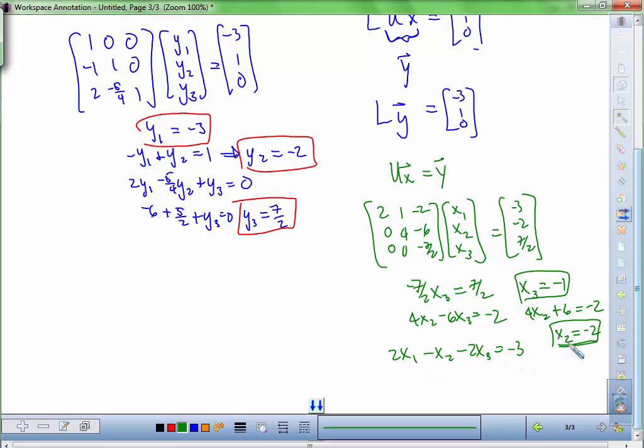And then you put in the values for x2 and x3. So x2 is negative 2, x3 is negative 1, and then whatever this turns out to be, negative 7 halves. This is x1, sorry. So x1 equals negative 7 halves.